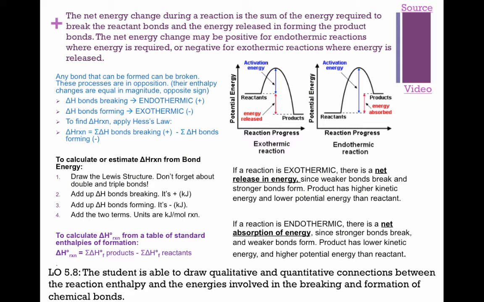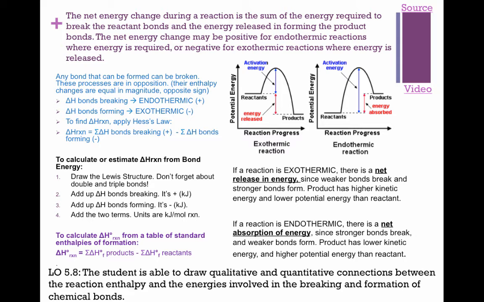Okay, again, there's lots of information on this slide. Here's the big thing that this is saying up here. I'm going to summarize this for you. This is saying if you want to find delta H of a reaction, and you're dealing with bonds, it's bonds broken minus bonds formed.